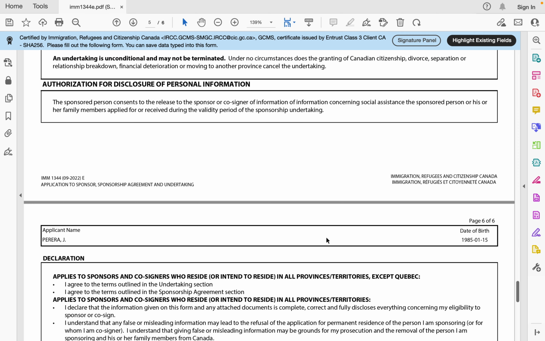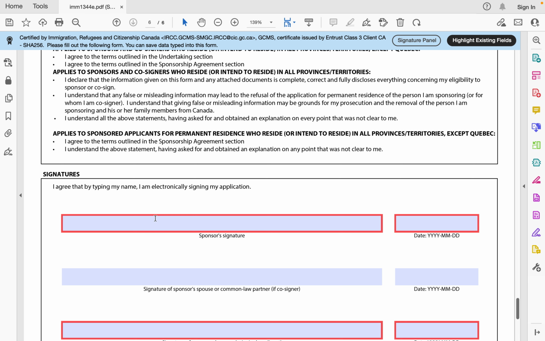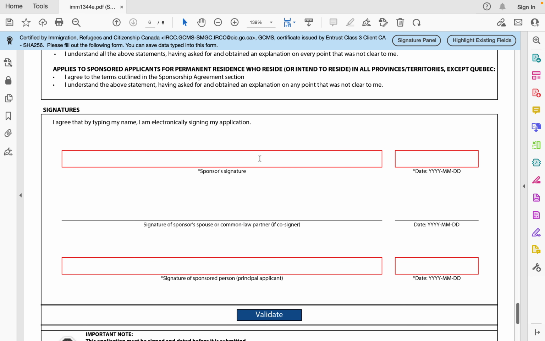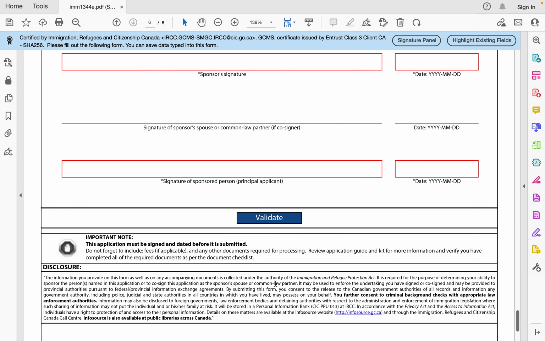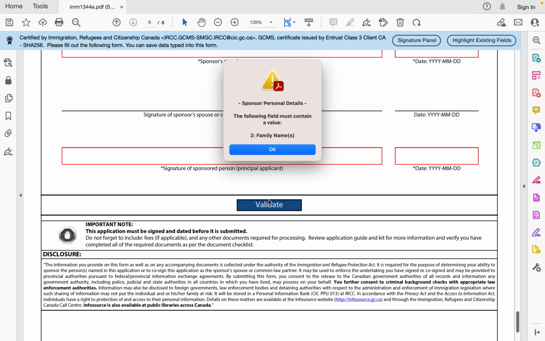That being said, now we are at this last point. This is the final stage of this application. Normally you can click on validate. Validate will tell you if there is any field that you have to fill.